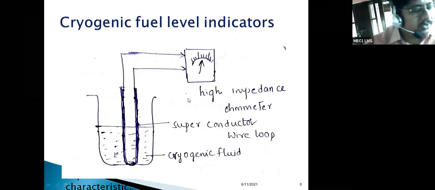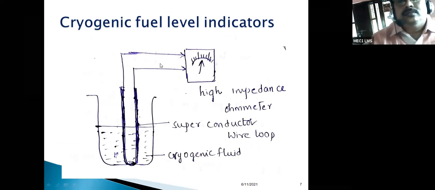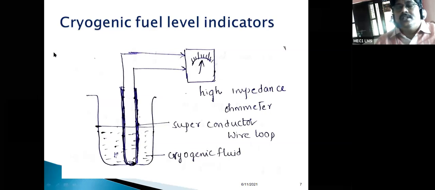I will end the class here. Today we discussed three level indicators. The bubbler level indicator: when compressed air is sent down, air bubbles appear at the dipped end of the bubbler tube.